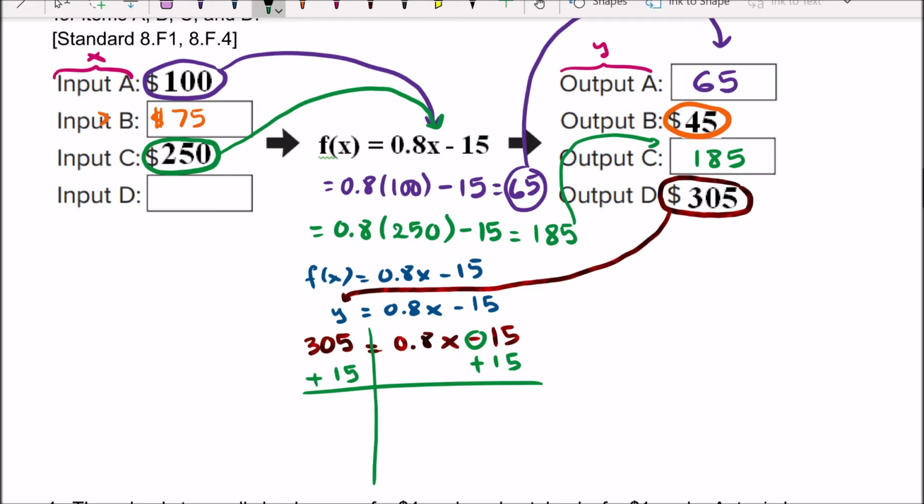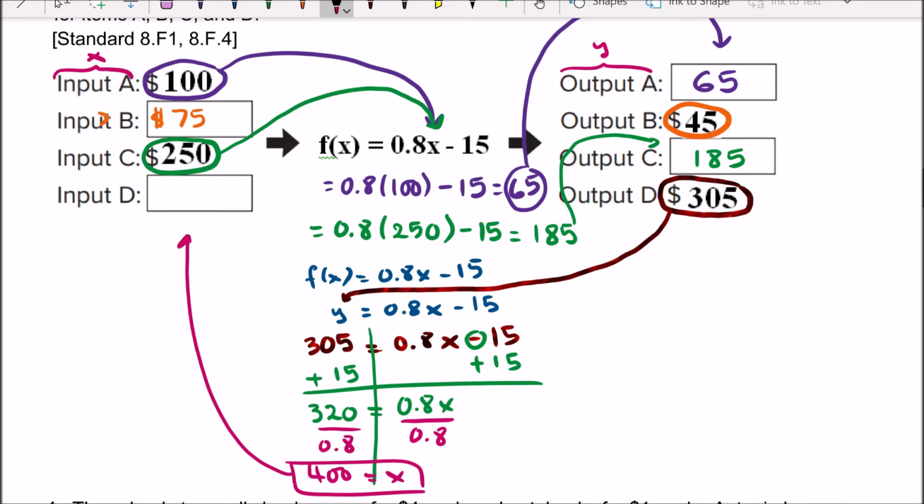That will give you 305 plus 15, which is 320, equal to 0.8x. Then we divide by 0.8 on both sides. 320 divided by 0.8 is 400. So x equal to 400 as the answer for input D.